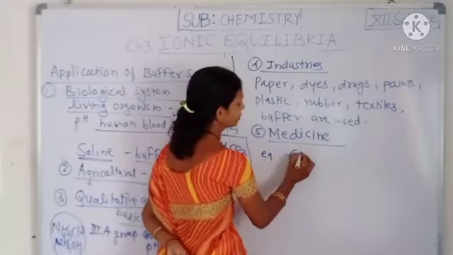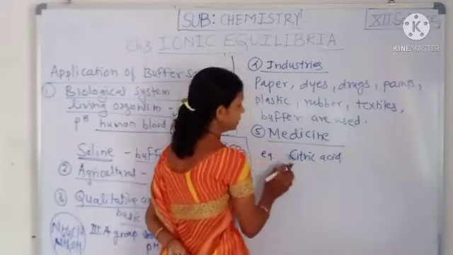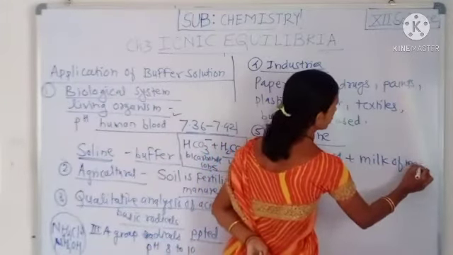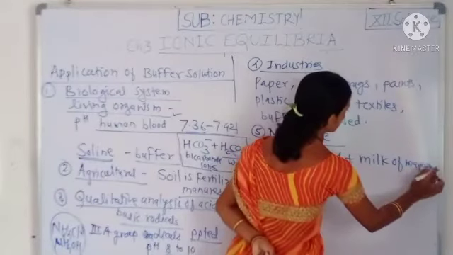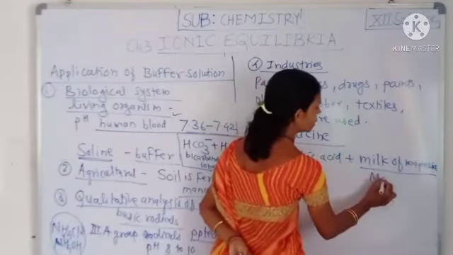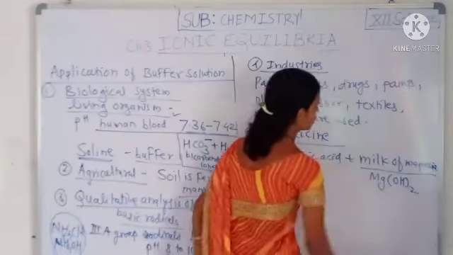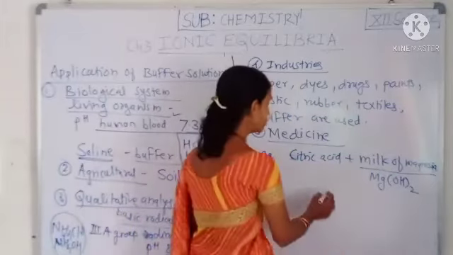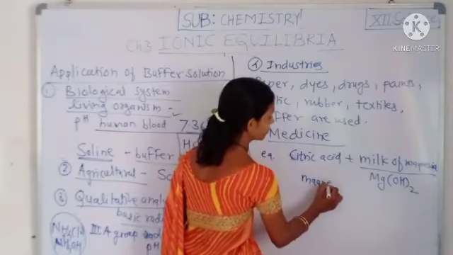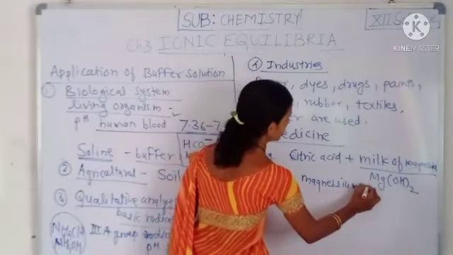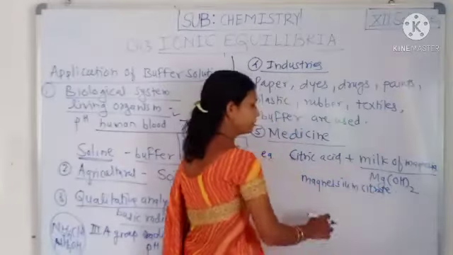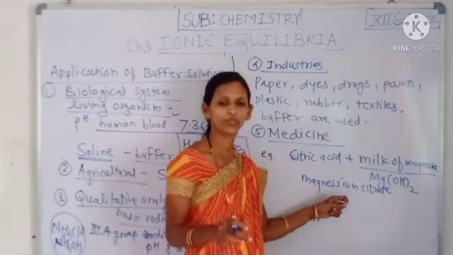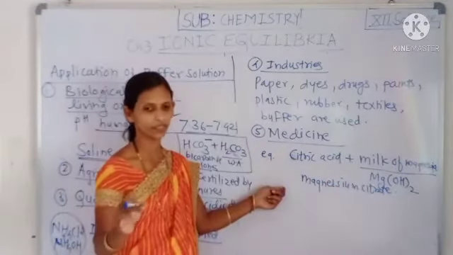Citric acid is added into milk of magnesia. Milk of magnesia is nothing but Mg(OH)2, that is magnesium hydroxide. When citric acid is added into it, it gives magnesium citrate, and buffer formation takes place here, which is used in antacid drugs.